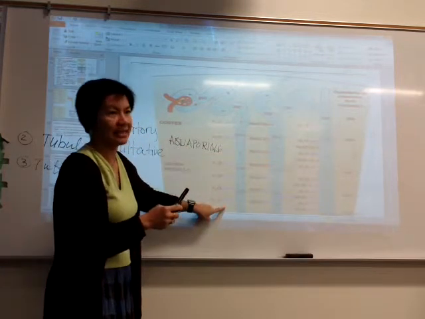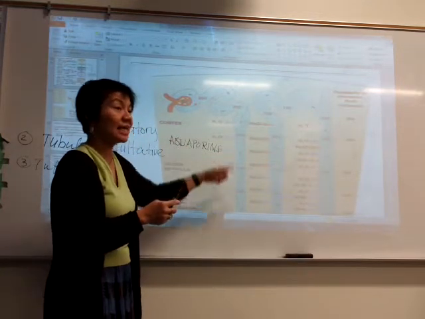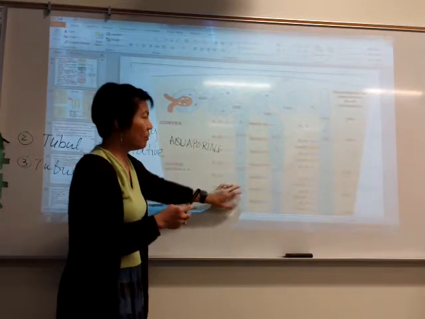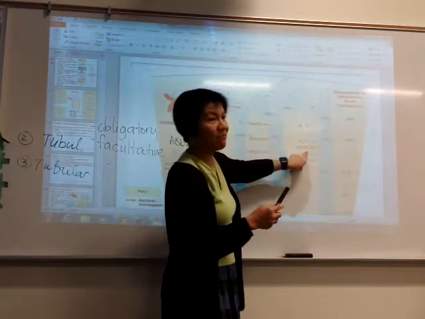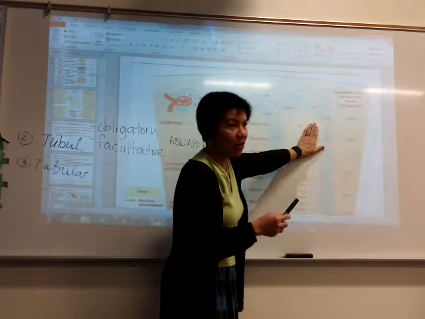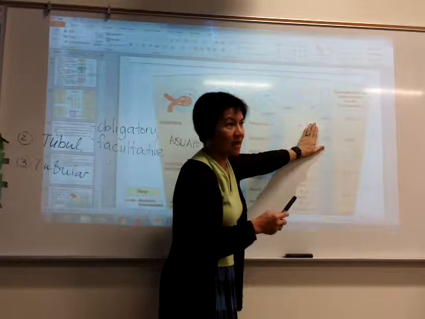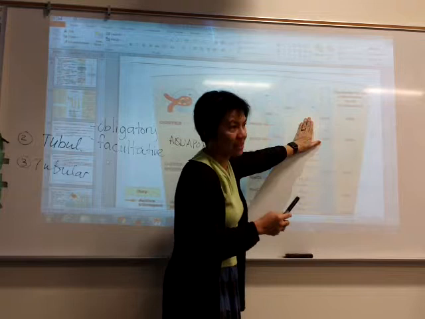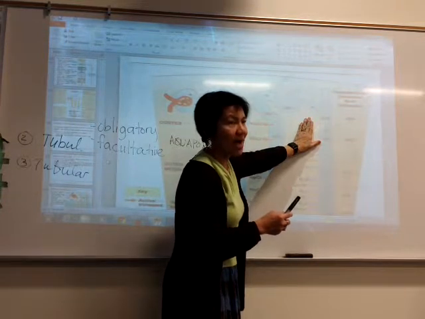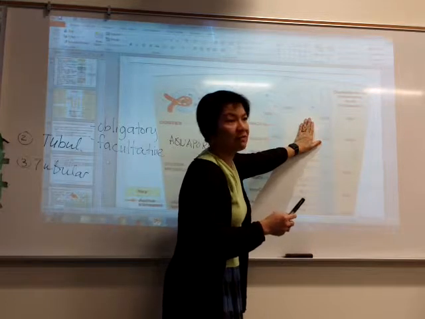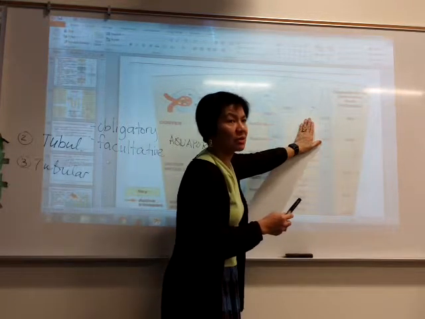This one is obligated because it's always open. Aquaporins are always present here. Whereas this is an example of facultative, because normally there are no aquaporins. How do they form aquaporins? Because of antidiuretic hormone. In cases of low blood volume, you want to conserve the water.